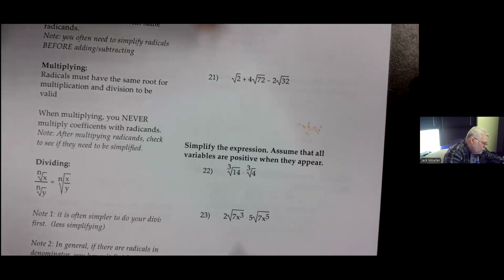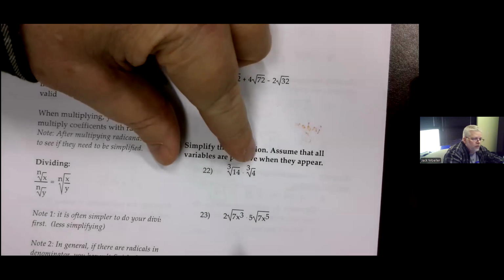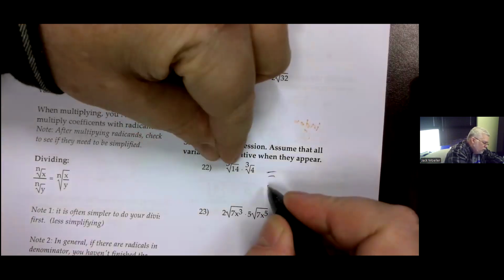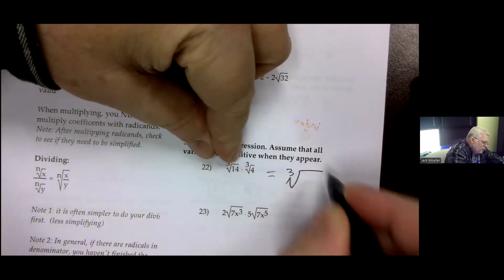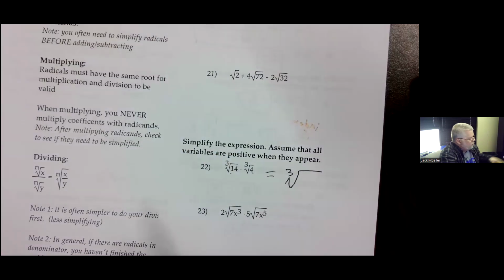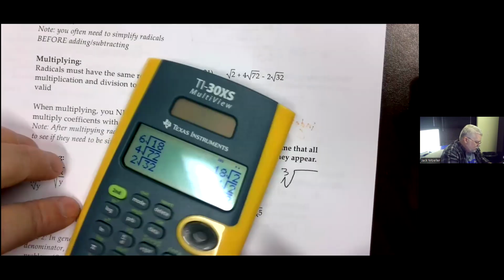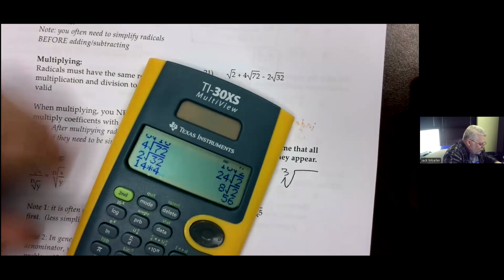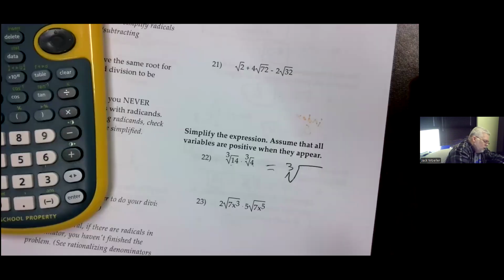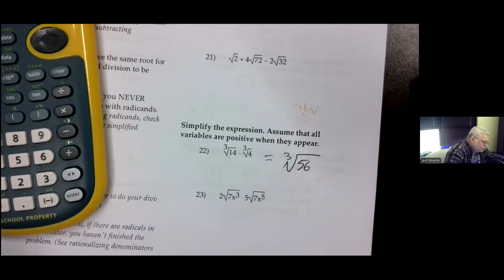All right, so let's do some examples of that. So in 22, we have cube root of 14 times cube root of 4. So they're both cube roots, and the way we do that is just 14 times 4. What was that, 52? No, sorry, 56. All right. Does that simplify?